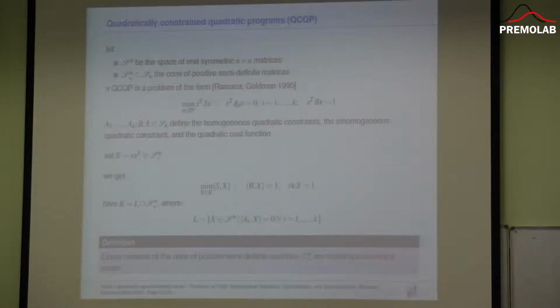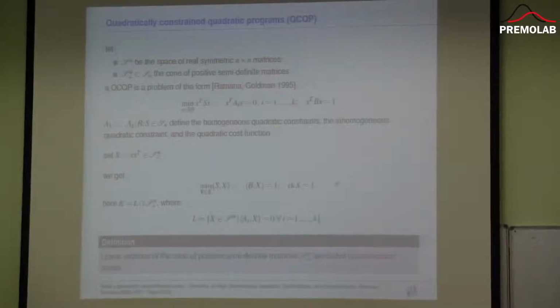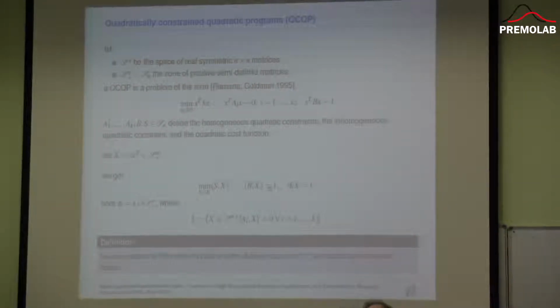We put all the homogeneous constraints together and define a linear subspace of the real symmetric matrices which fulfill the homogeneous constraints. And then we have an optimization problem over this subspace with a rank constraint and an affine constraint.